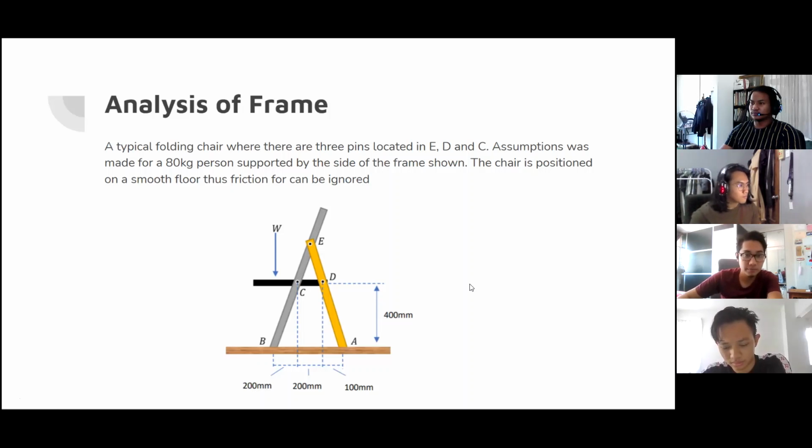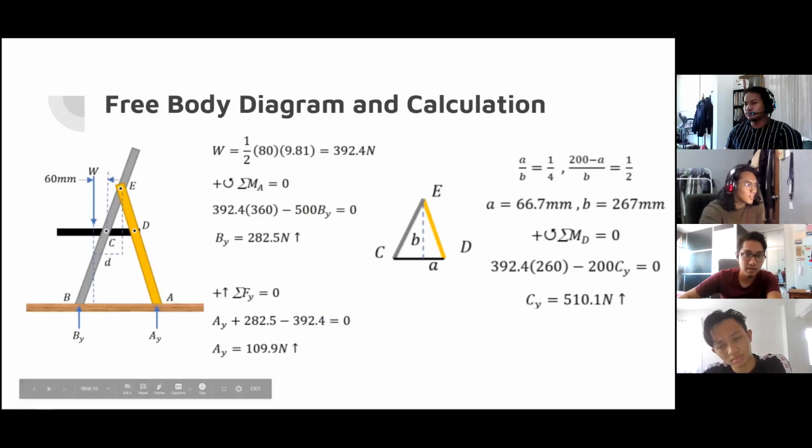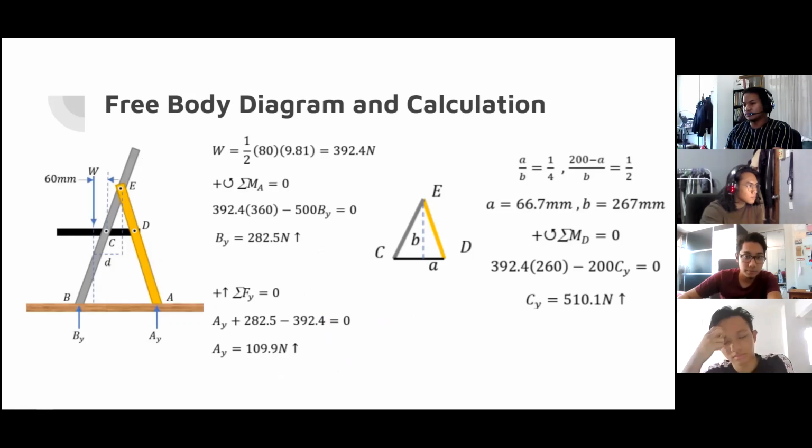Next slide. So here is the free body diagram and our calculations. W equals 1/2 times 80 times 9.81, so we get 392.4 newtons.